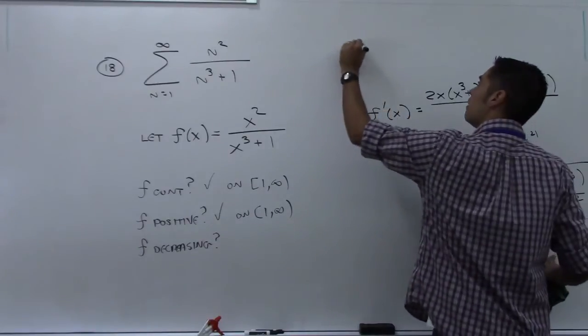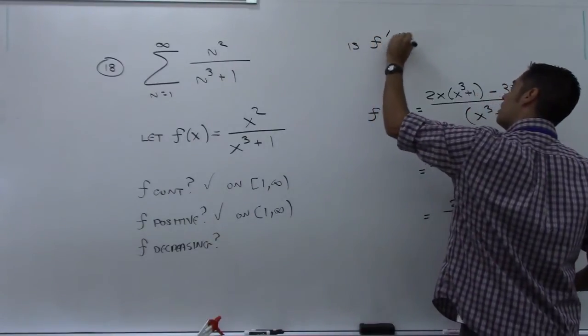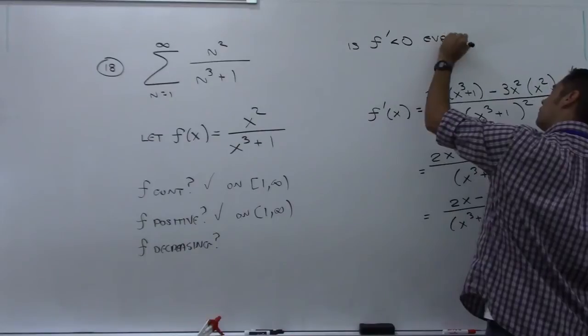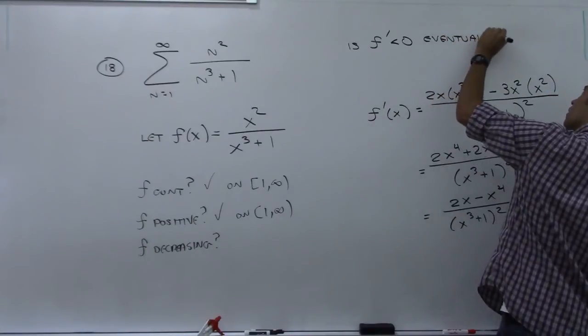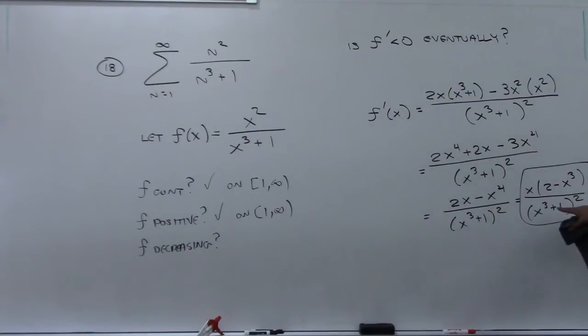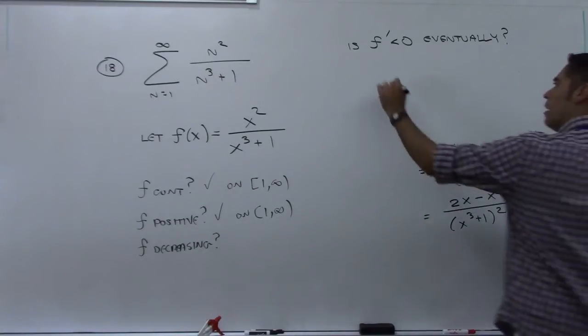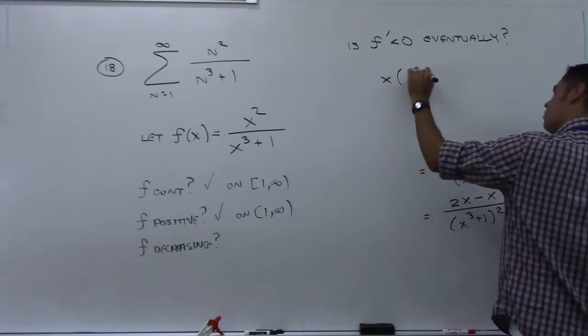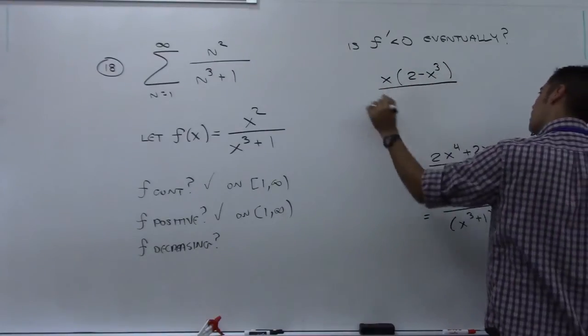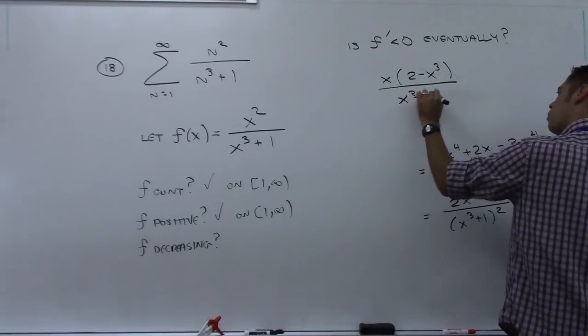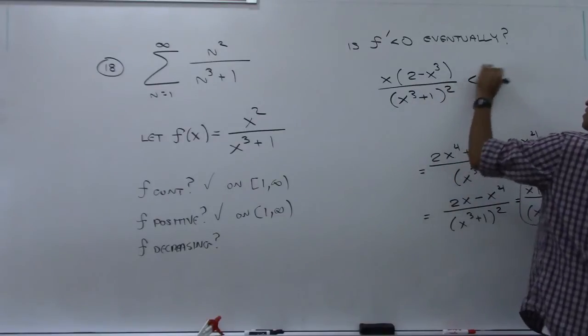So is f prime less than 0 eventually? Is x times 2 minus x cubed over x cubed plus 1 squared less than 0?